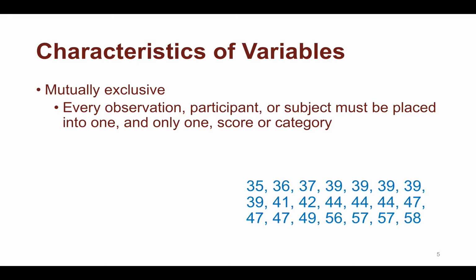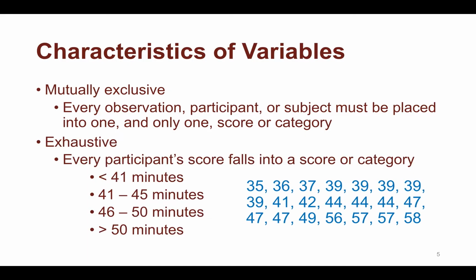So let's say these are my data on the number of minutes that it took my students to complete the exam. So what we see here is we do have some variation, which is good. This is a variable. This is mutually exclusive because each person has one number of minutes assigned to them.